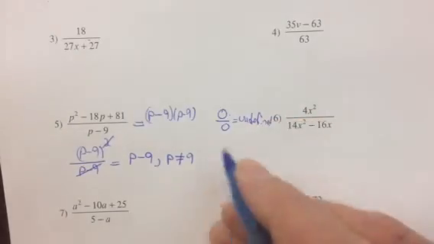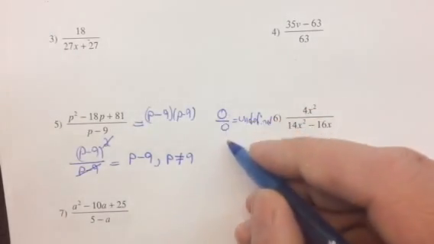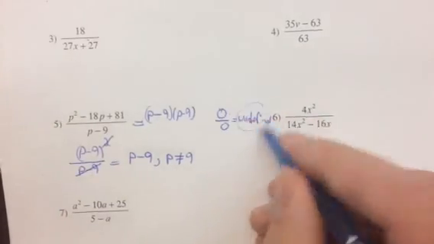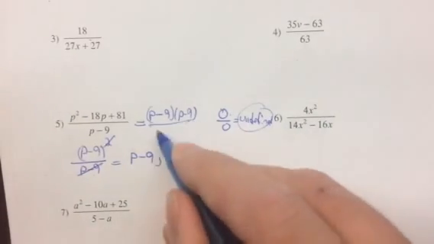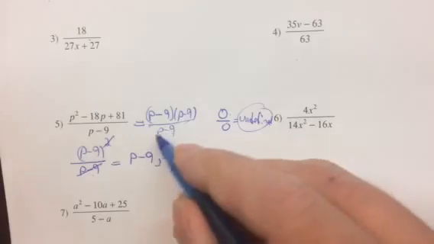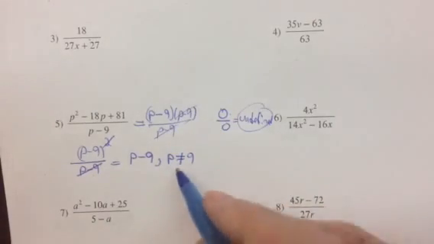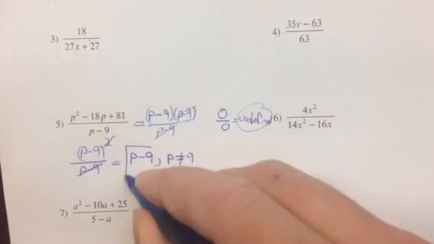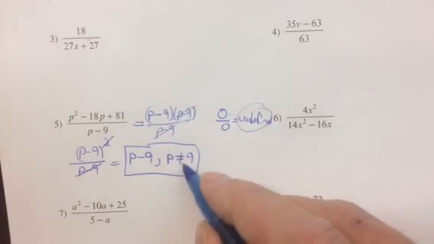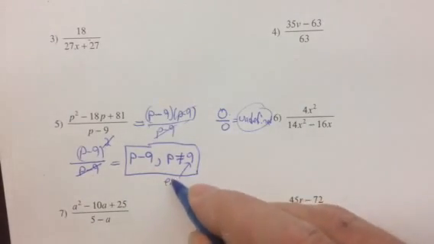So whenever we get 0 over 0, it's not 0, it's undefined. And so when we simplify, I guess I should have put over p minus 9 here. When we simplify, we make sure that it still can't equal any of the excluded values. So it's p minus 9, but p can't equal 9. 9 is the excluded value.